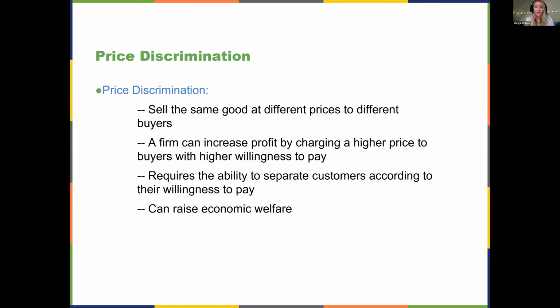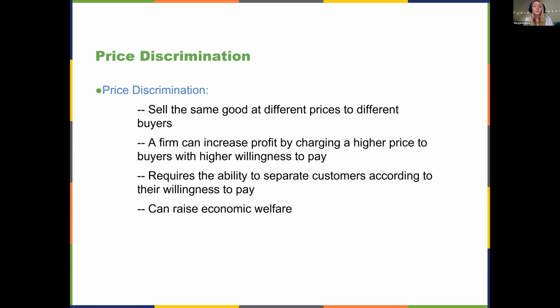Now, we may agree or disagree about the monopolist's means to perfectly price discriminate, but we will introduce that here in a second. So what exactly is price discrimination? Well, price discrimination basically means that a producer of a good or a service is able to charge different prices to different buyers for the same exact good.